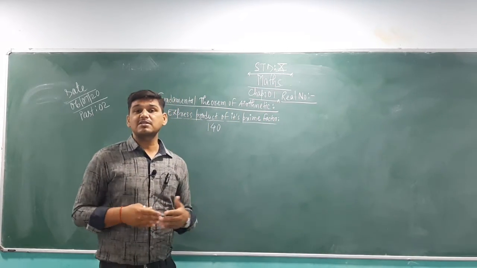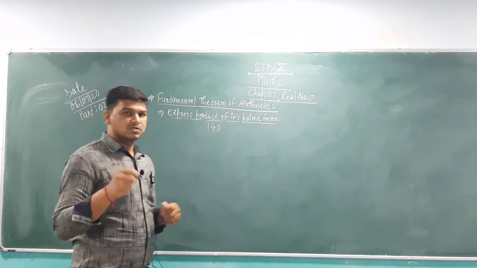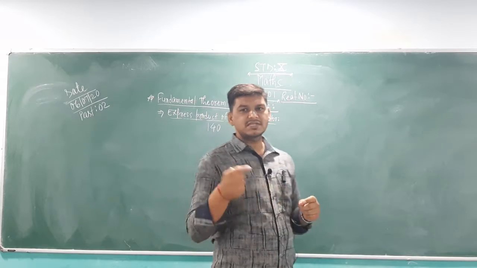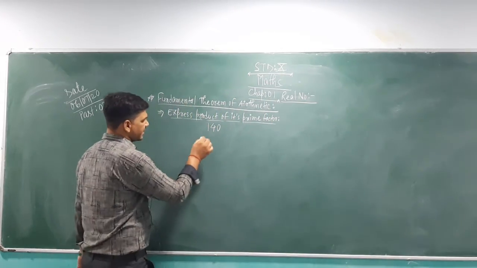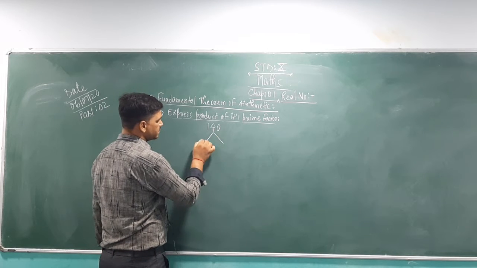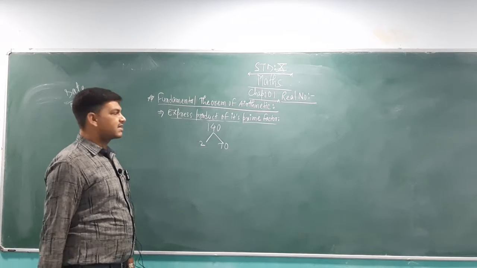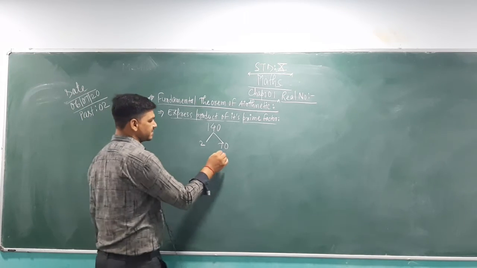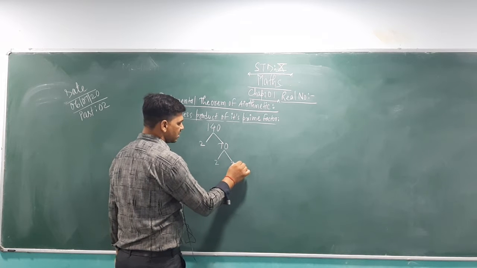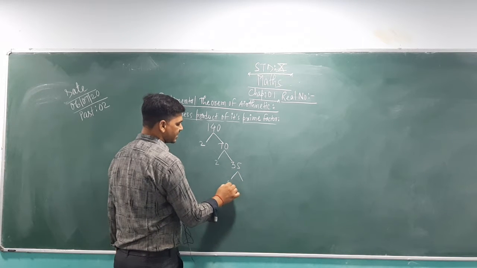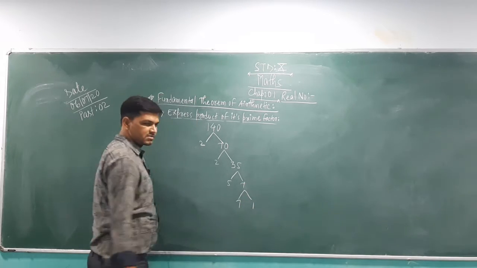So how can we find the product of prime factors? I will take one example, that is 140. 140 should be used as part of division by prime factors. How can we find it? 140 divided by 2, the answer will be 70, right? 70 also divided by 2 is 35. 35 is divided by 5, 5 sevens are 35, and 7 ones are 7, right?